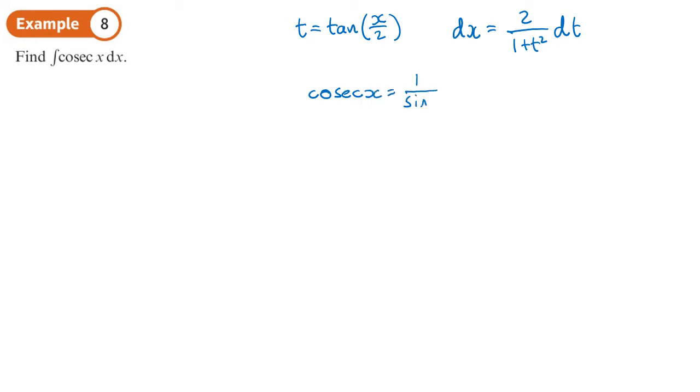Okay, so this question says find the integral of cosec x dx. So we will use our t formulae, the Weierstrass substitution. So t equals tan of x over 2, and dx is equal to 2 over 1 plus t squared dt. And we have cosec here, and cosec is 1 over sine x.